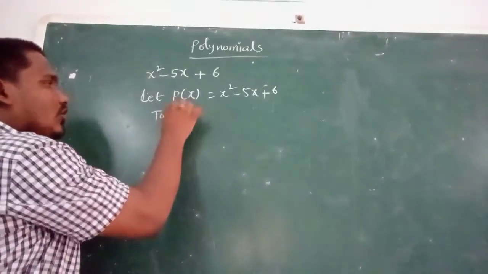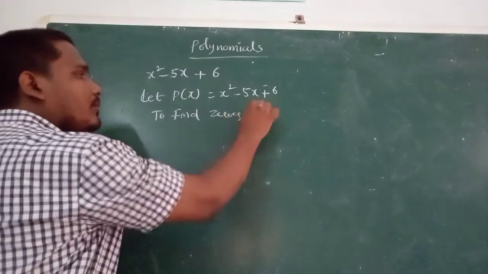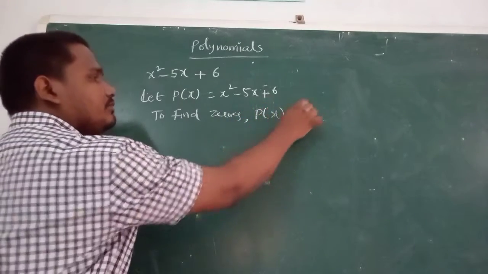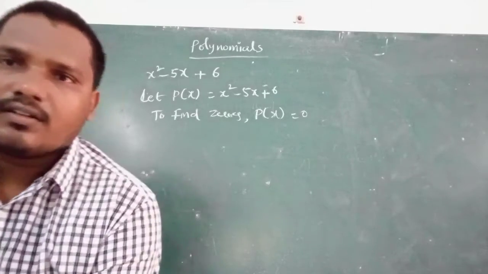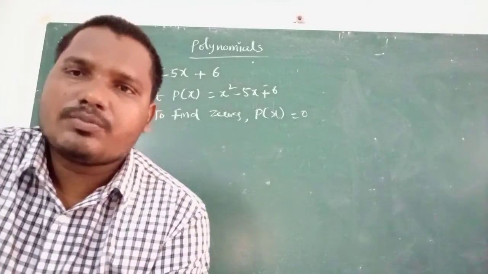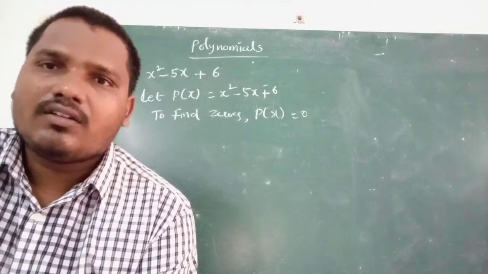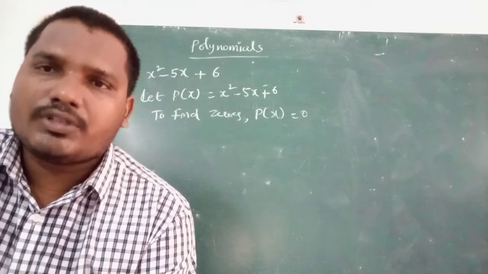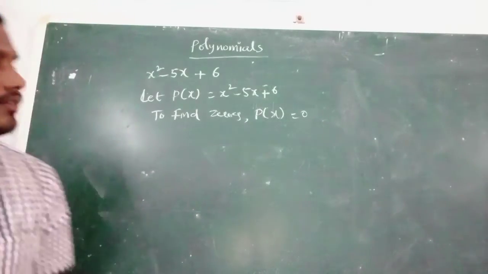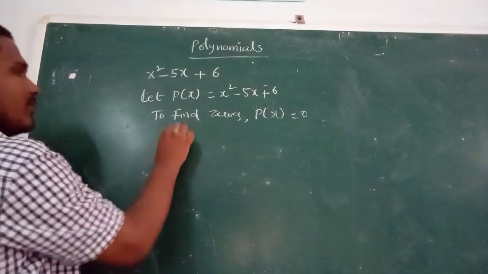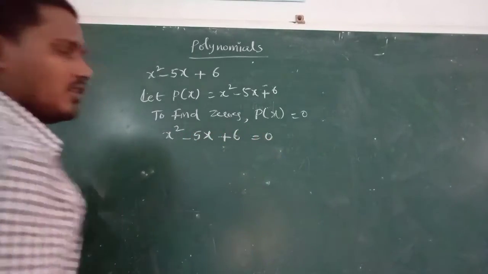To find zeros, p of x is equal to 0. Anytime they ask for the zeros, you should equate the p of x value to 0. Then x square minus 5x plus 6 is equal to 0.